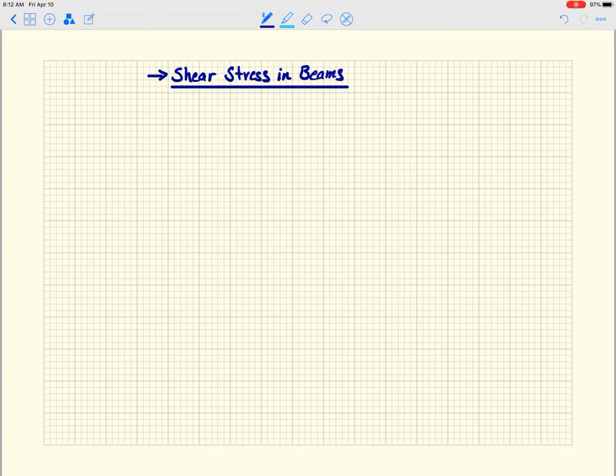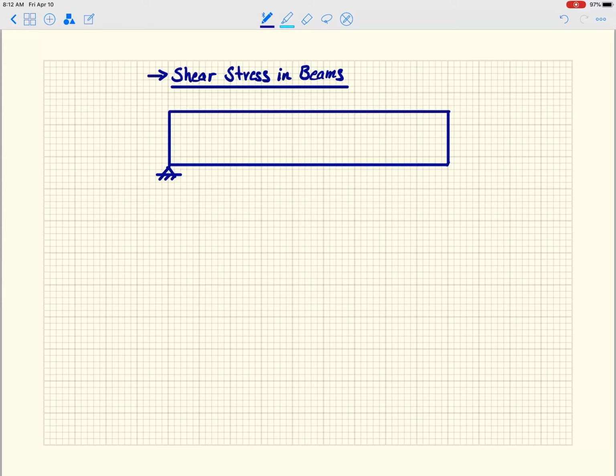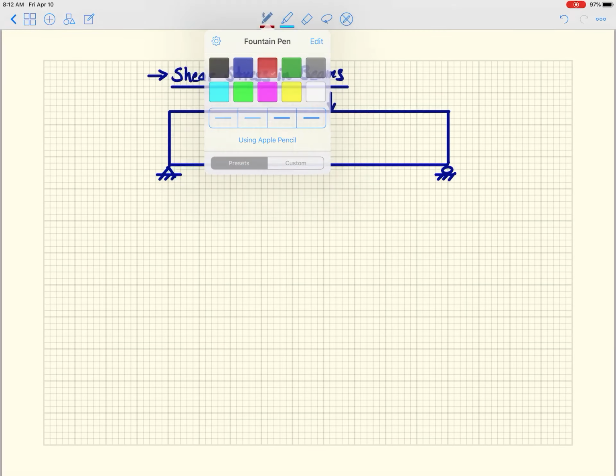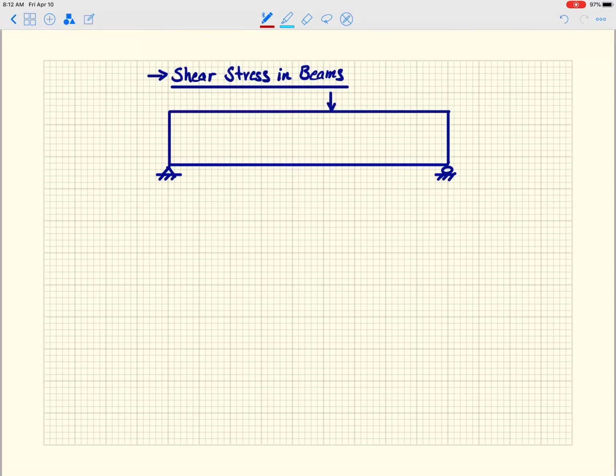Okay, so now let's zoom in. Let me redraw that beam a little bit smaller to give me more room, and then we're going to take a look at what is actually happening internally. Okay, that's my force. Now I'm going to draw two segments here.